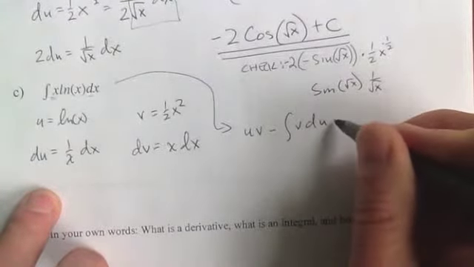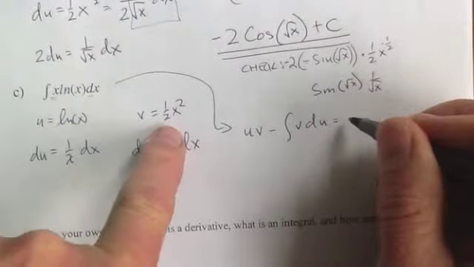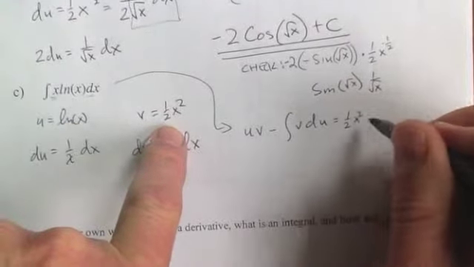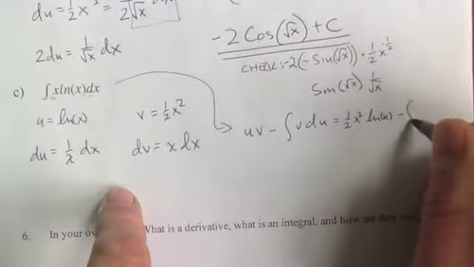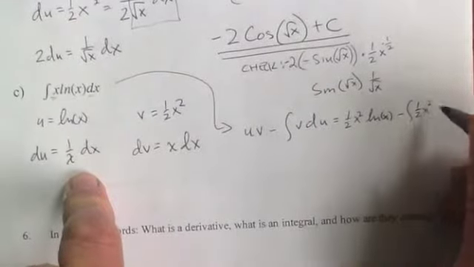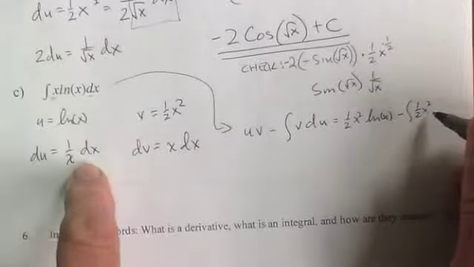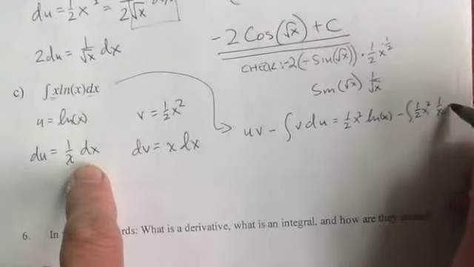So when I fill in the parts, I'm going to have u times v is going to be 1/2 x squared ln of x, and then minus the integral of 1/2 x squared times 1 over x dx.